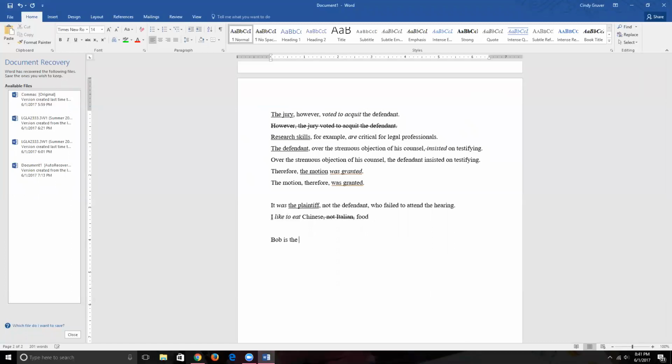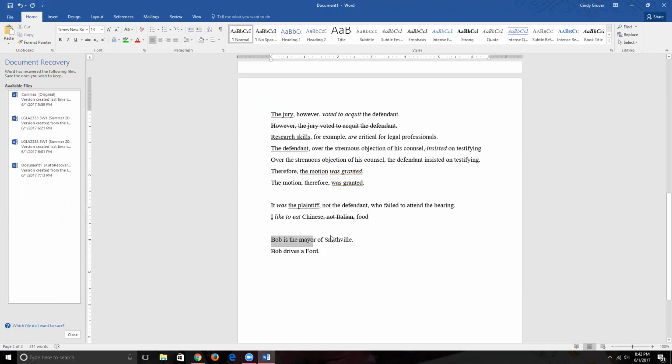Bob is the mayor of Smithville. Bob drives a Ford. Okay? So we want to combine these two sentences. There's lots of ways of combining them. I'm just going to give you some examples here.